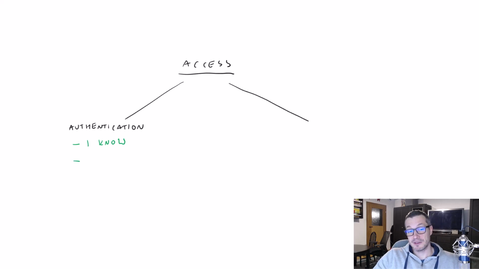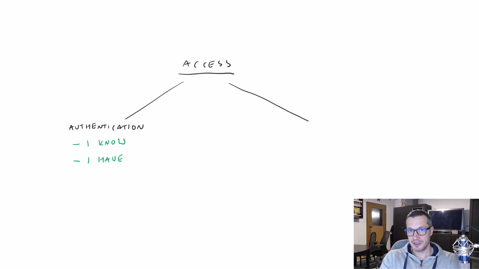The second type, or the second category of authentication methods we can think of is something I have. For example, I might have a mobile phone with some software installed, like Microsoft Authenticator or Okta, that I have to use to click and approve the login request.